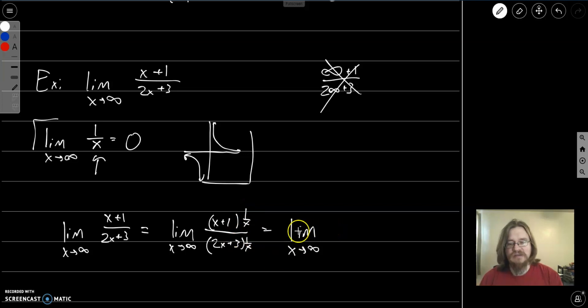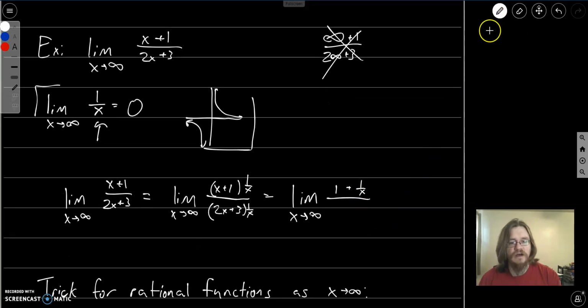So let's take this limit, and I will distribute. So x times 1 over x is 1. 1 times 1 over x is 1 over x. And then as I multiply the bottom, I'll get 2x times 1 over x, which is 2, plus 3 times 1 over x.